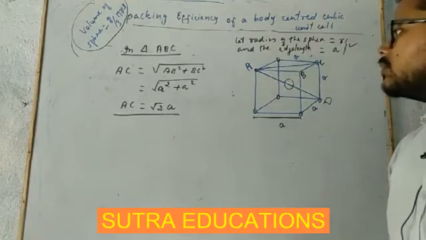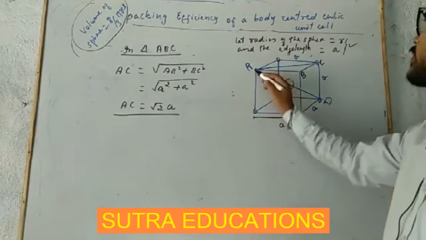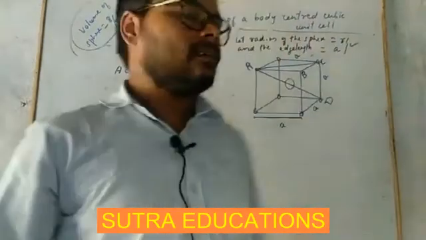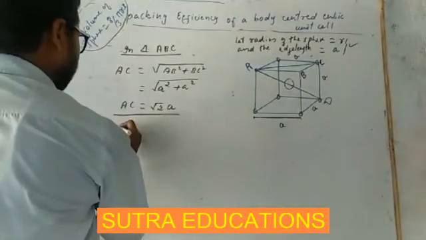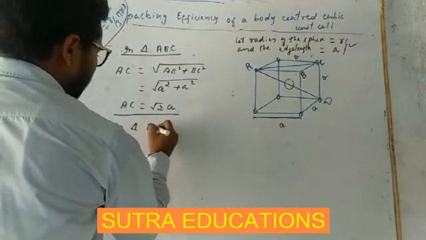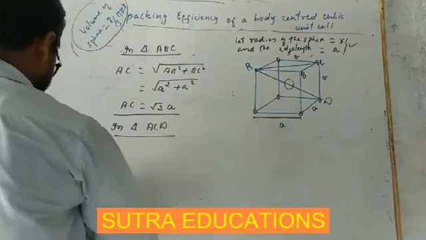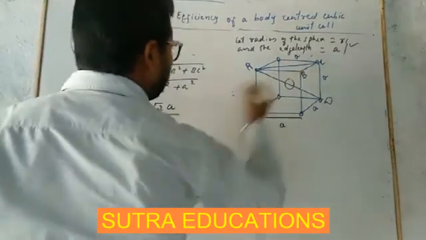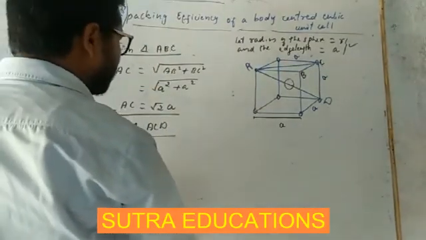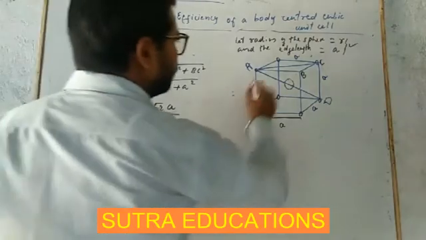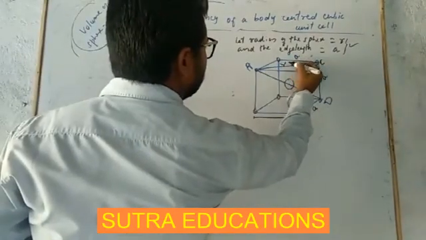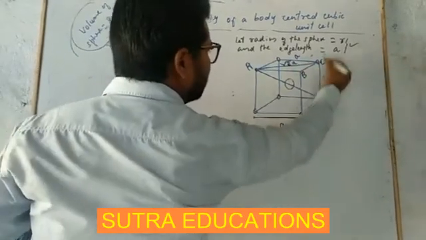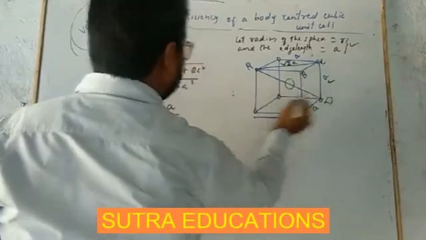Okay, now come to triangle ACD. So write in right angle triangle ACD, we have calculated this distance AC is equal to root 2 a, and this CD is equal to a, and we have to find AD.